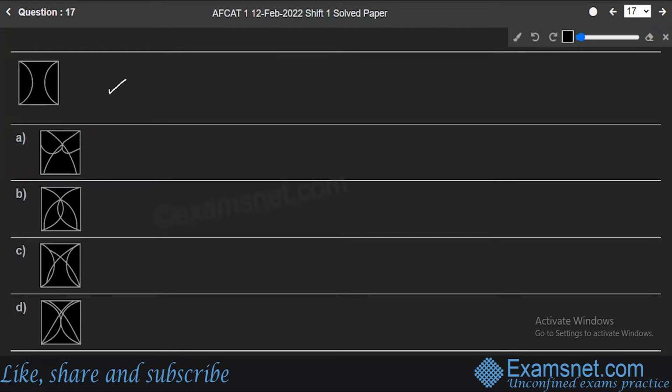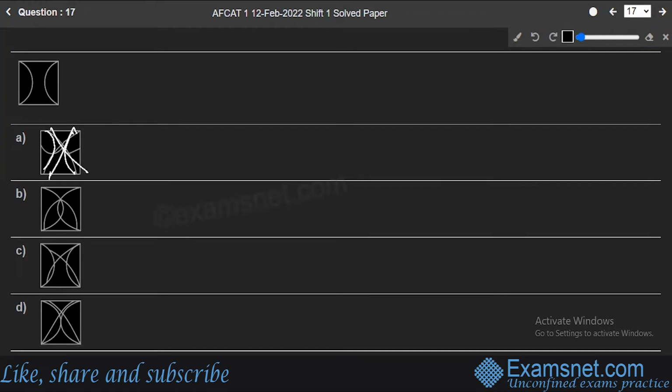This is the problem figure, and you have to find out which of these best complies with the question figure. See, over here you are having two curved lines which are not touching each other. It's not passing through the center of the square also. So this one is not having such patterns.